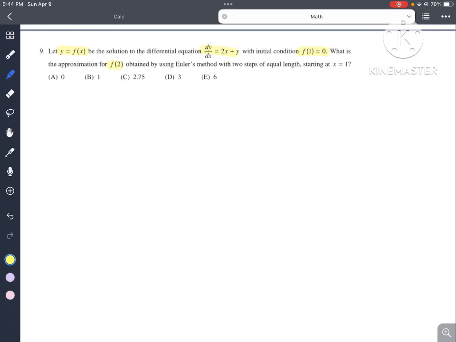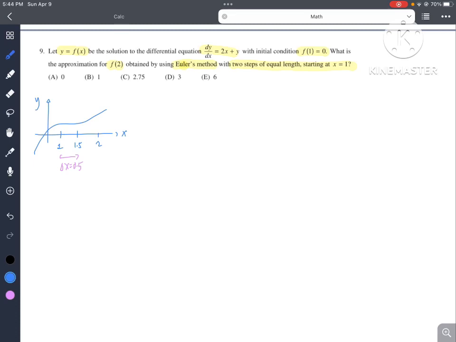What's the approximation for f of 2 using this method with two steps of equal length starting at x equals 1? If we have an arbitrary curve with the y and x axes, and this is x is equal to 1, and we want to approximate f of 2, with two steps of equal length, the step should happen at 1.5. So each delta x is equal to 0.5.